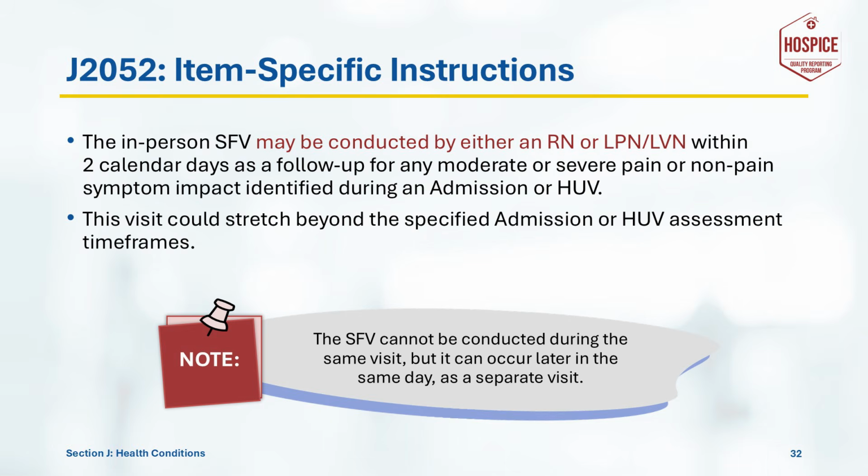Because if there is a moderate or severe impact, the nurse still has 2 more days to do a follow-up visit. The follow-up visit can occur on the same day, but must be a separate visit. And finally, unlike J2051 symptom impact, which must be completed by the RN, the follow-up visit may be conducted by the LPN or LVN.